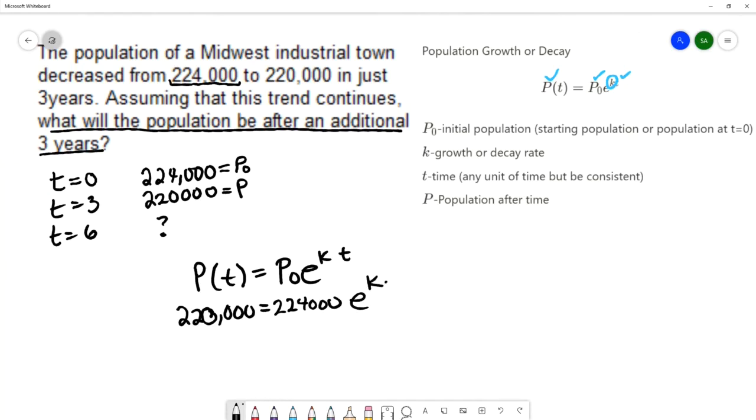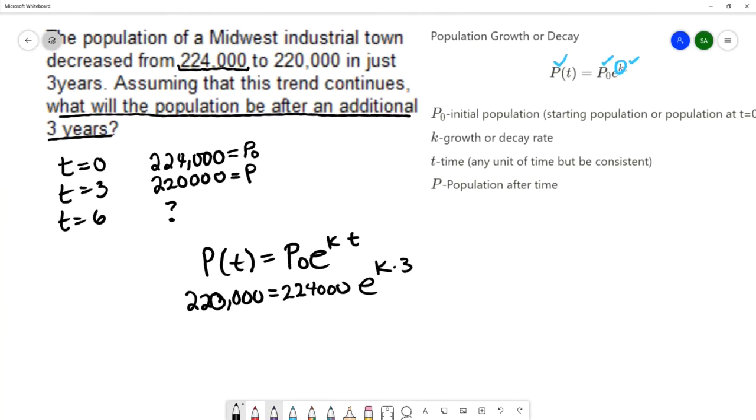And our time is 3 years. We're going to start solving this exponential by isolating the exponential. We're going to divide both sides by 224,000. That cancels from the right-hand side, leaving us with e to the 3k.